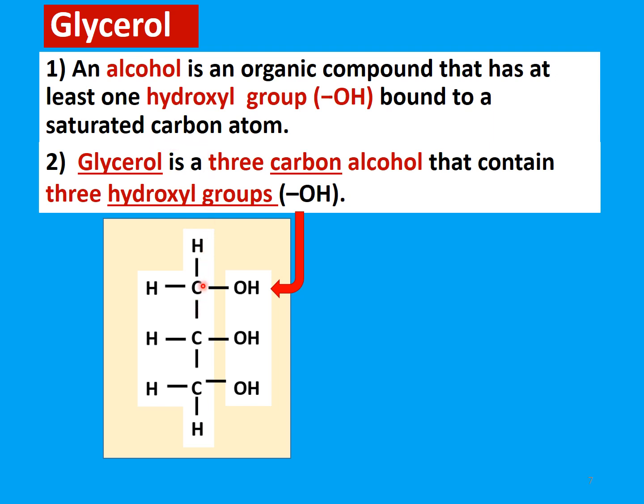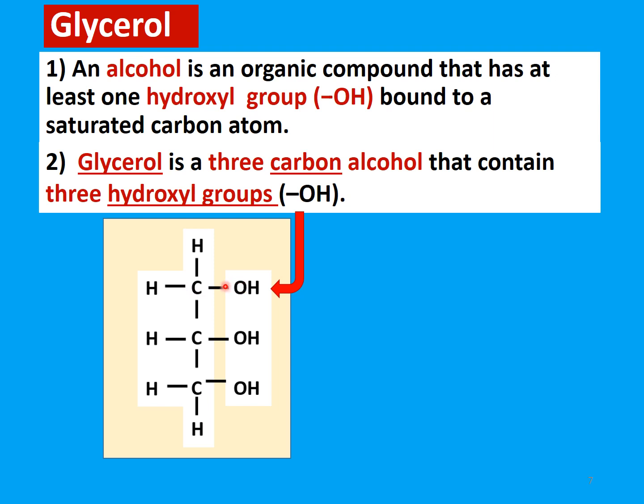It means that the carbon atom has formed 4 single bonds with other atoms or molecules. That is a saturated carbon atom. It cannot take any more. It cannot form any more bonds already. That's the maximum number of bonds, 4 bonds, between the carbon and the other atoms.